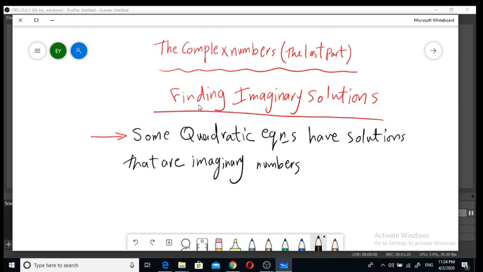And in this video, we're going to focus on finding the imaginary solutions for these quadratic equations.